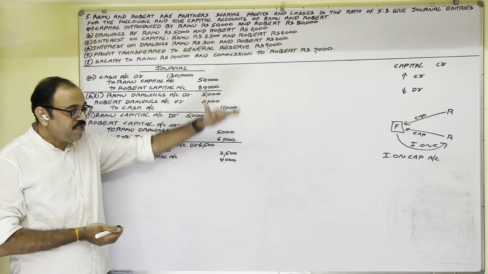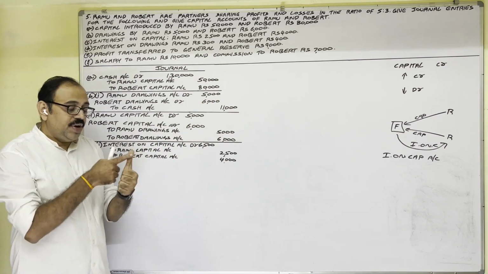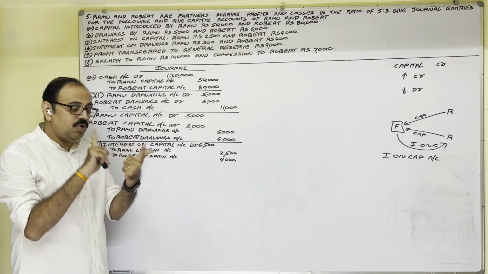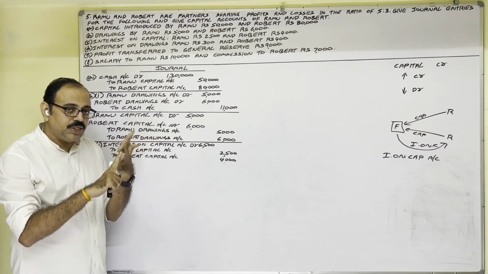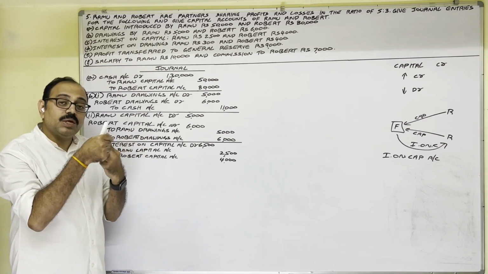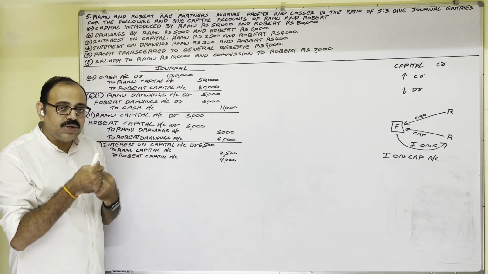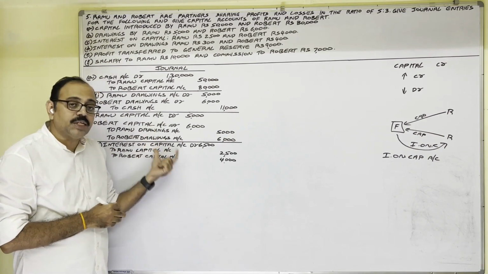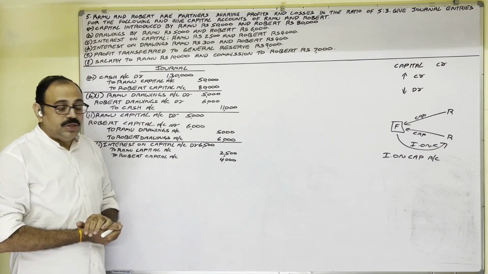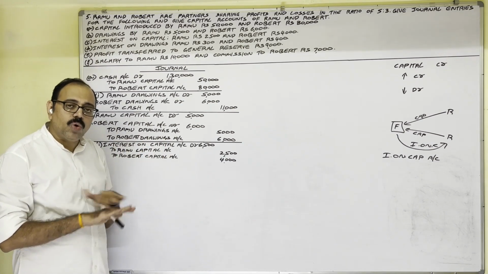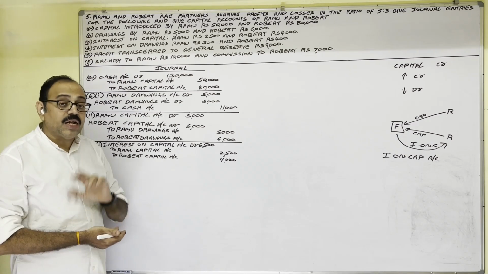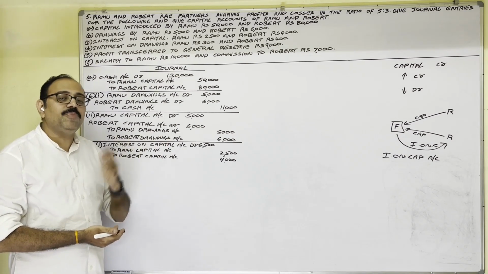Partnership final accounts contain trading account, profit and loss account, profit and loss appropriation account, capital accounts, and balance sheet. In the appropriation account, we show partners' related expenses and incomes. So interest on capital account, being a nominal account, we should close by transferring to profit and loss appropriation account.